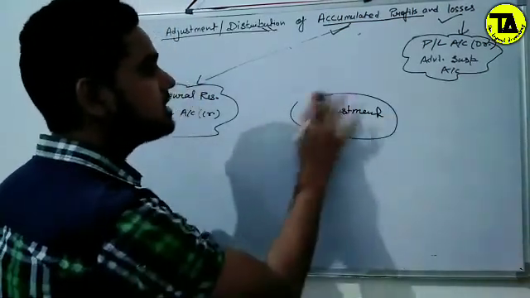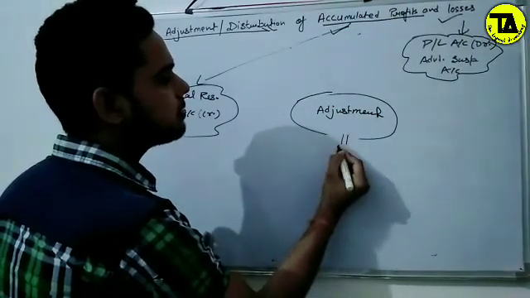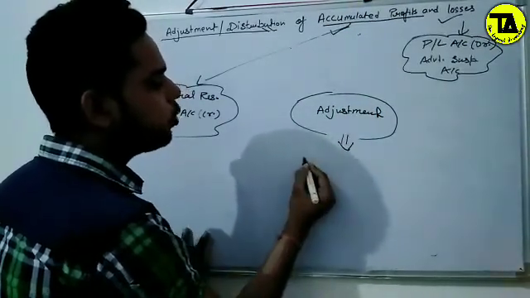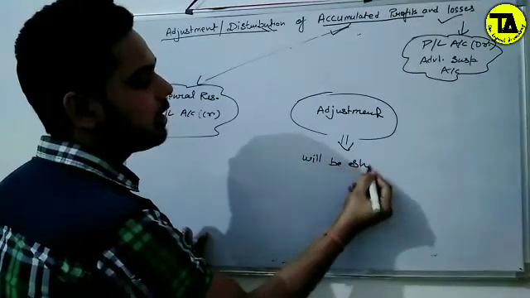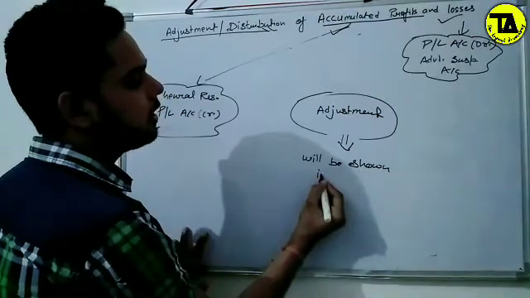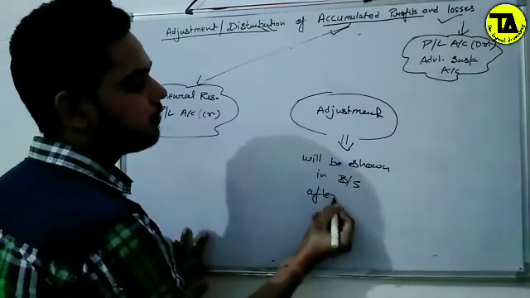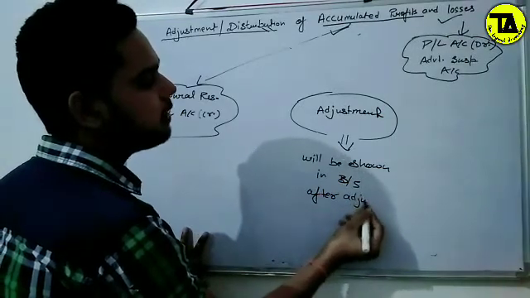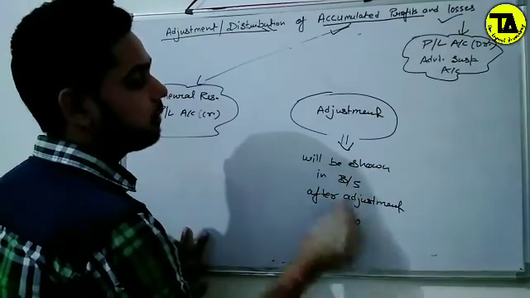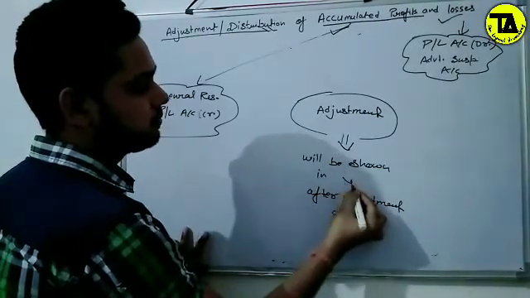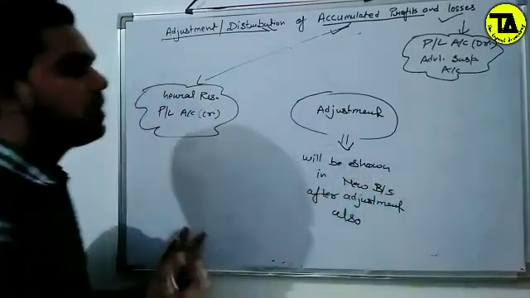See, adjustment means whatever thing we are making an adjustment for, that will be shown in the balance sheet after adjustment also, right? The balance sheet means the new balance sheet. Okay, see what it is saying.